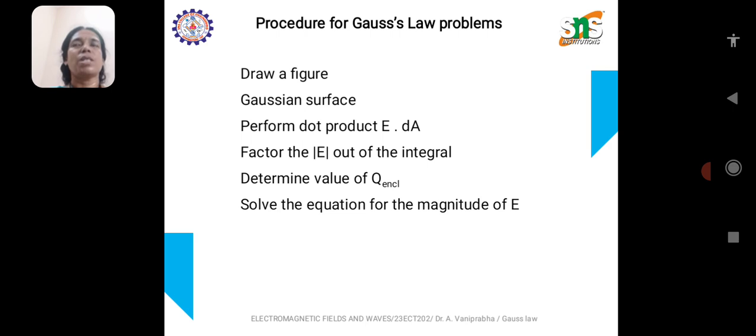Finally, solve the equation for the magnitude of E. These are the steps that shall be followed so as to determine the electric field intensity or the charge enclosed by that particular surface. This can easily be identified by selecting the Gaussian surface suitably based on the element, the current carrying element.